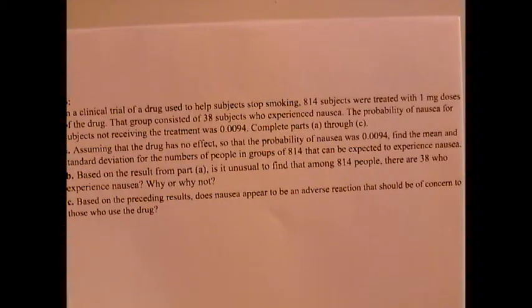The probability of nausea for subjects not receiving the treatment is 0.0094, and we want to complete parts A through C. Part A is this: assuming that the drug has no effect, so that the probability of nausea is 0.0094, find the mean and the standard deviation for the numbers of people in groups of 814 that can be expected to experience nausea.